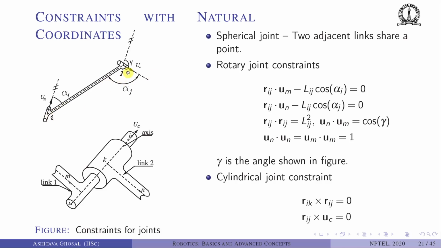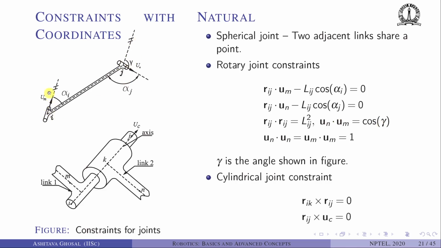The distance between i and j should remain constant, which is Rij dot Rij is Lij square. Then there is a constraint which tells how these 2 joint axes are oriented. So the dot product of the unit vectors along the joint axes is cos gamma. So that is the gamma angle.